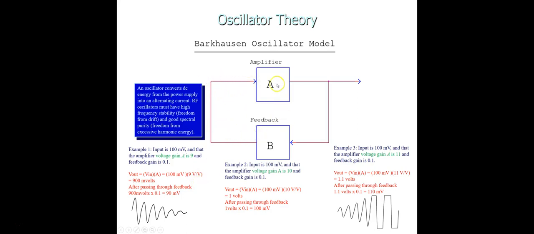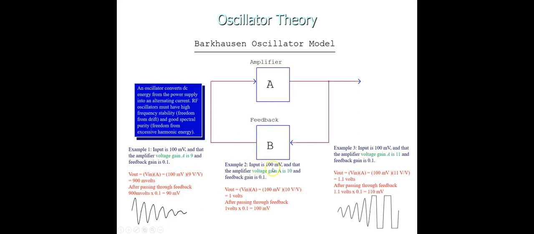If you keep giving the input, now 90 millivolts, when it goes through the voltage gain and comes back here, the input voltage received will again be smaller than the previous value. That's why I have shown the oscillations decreasing as the oscillation takes place, and ultimately it dies out.